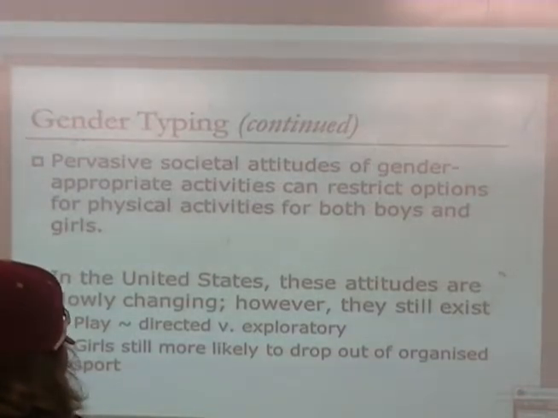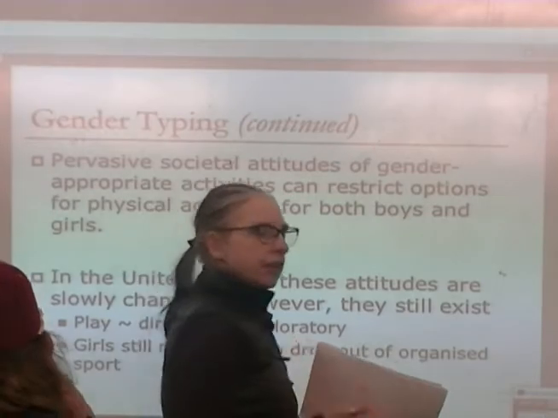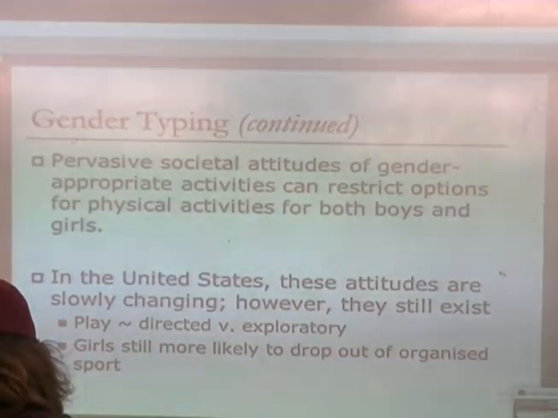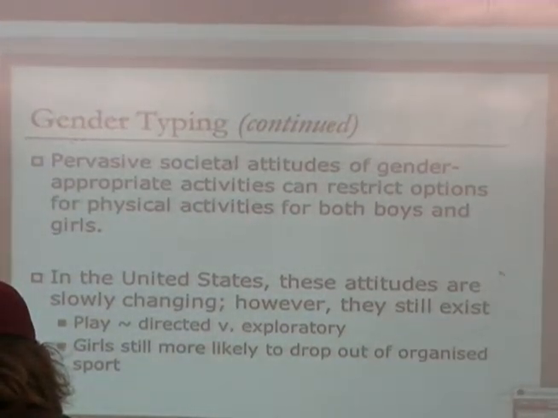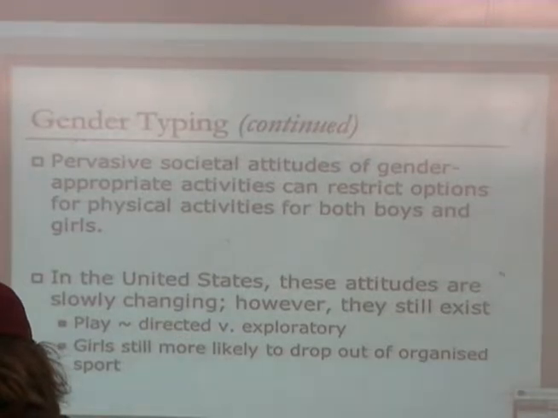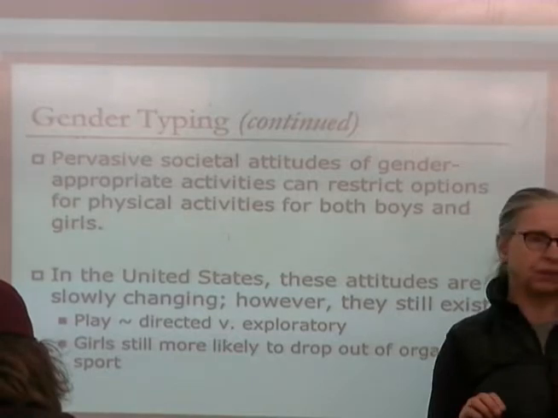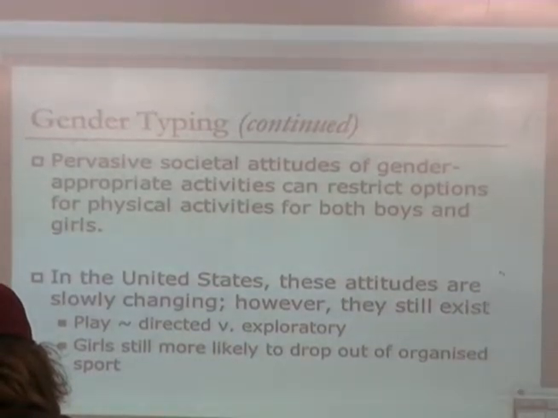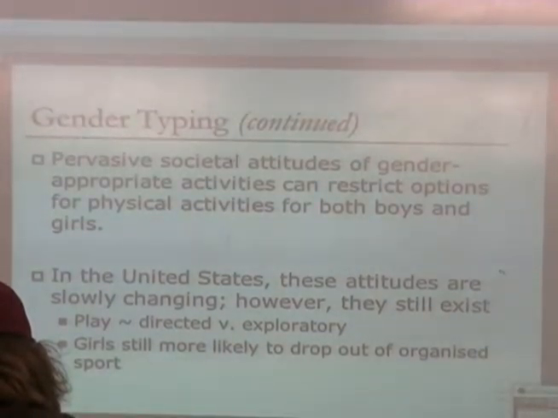The current distance became the official distance in 1921. Women were not allowed to run in a marathon until 1970. 1970. Now that's not in your lifetime, because you're all young people.